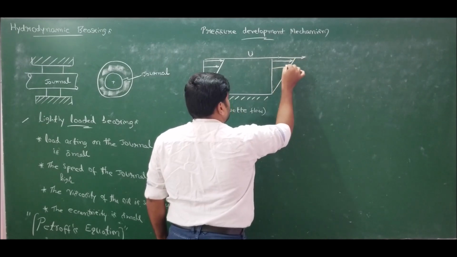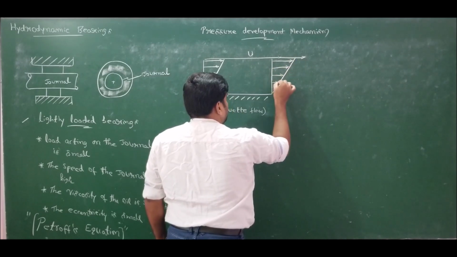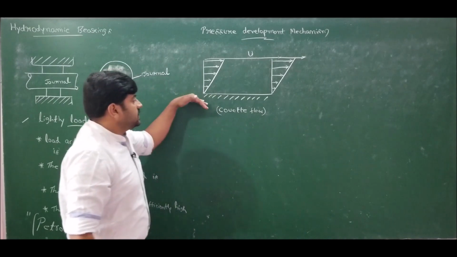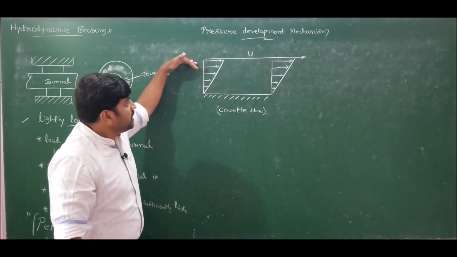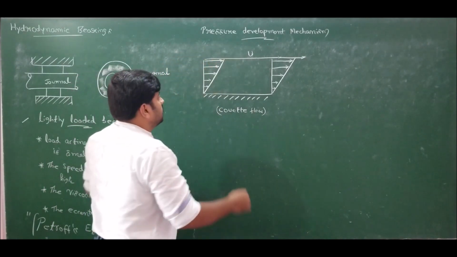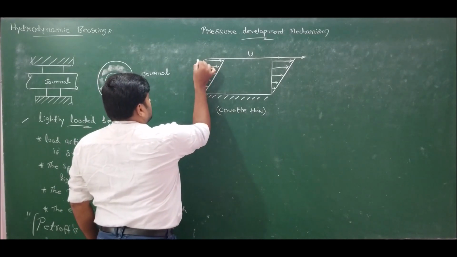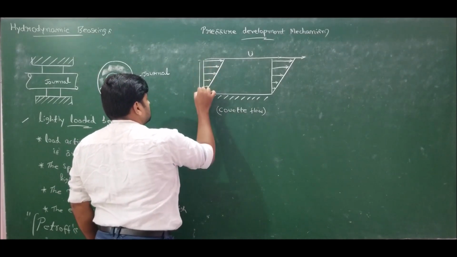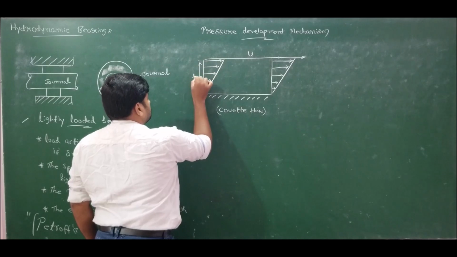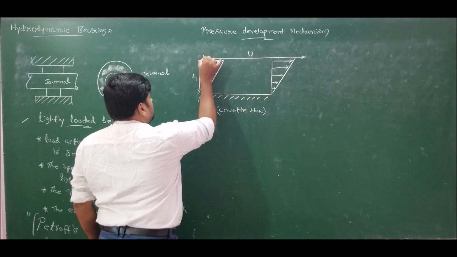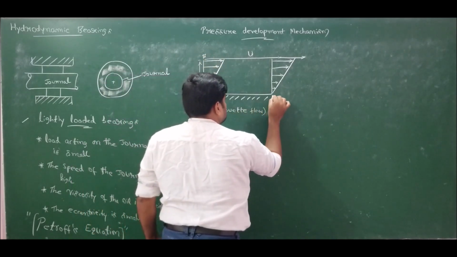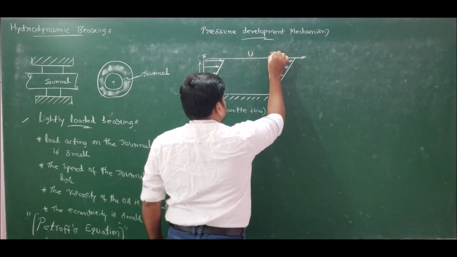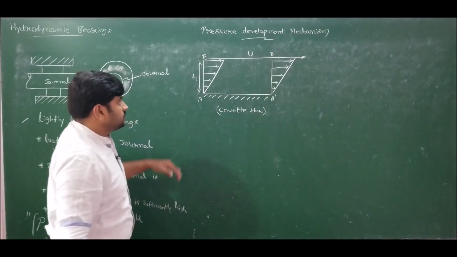The velocity profile will be linear for Couette flow, where one surface is fixed and another surface moves with a velocity u. Let us take the distance as h, this as AB, and this as A dash B dash.